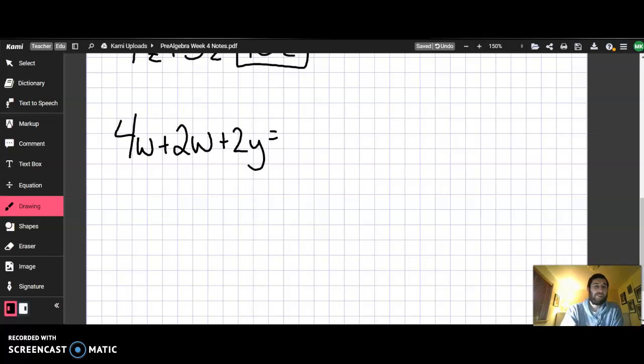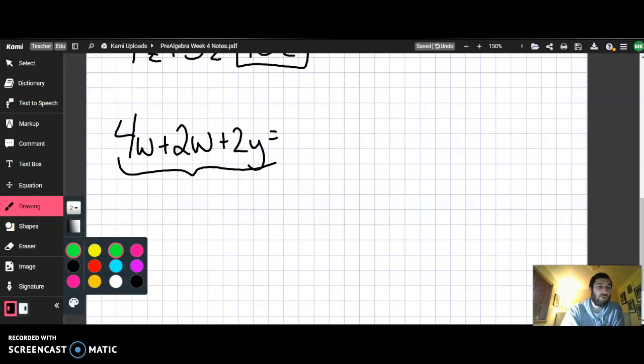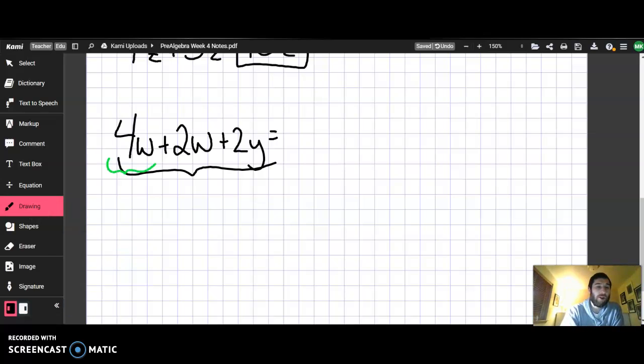So if I expand this, if I rewrite it without any of the numbers because I'm just showing that repeated addition, let's go ahead and use green for the first part here. The 4w is just w plus w plus w plus w, 4 w's. In pink, we have 2 more w's, plus w plus w.